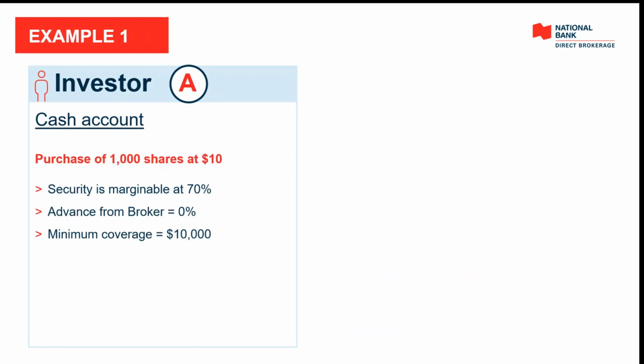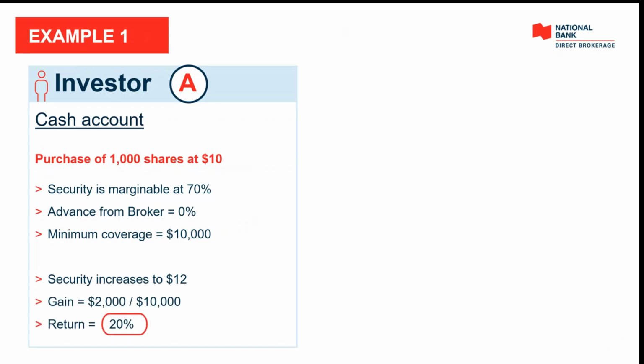In our next example, we have Investor A, who made a purchase of 1,000 shares in cash for $10,000 because they did not want to use margin. The shares have now increased to $12. The profit in this scenario, if the client sells, is $2,000, which divided by the $10,000 down payment gives a 20% return.